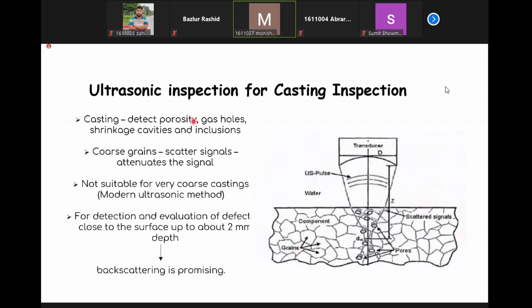We can use it for detecting porosity, gas or shrinkage cavities, and inclusions in castings. Another problem is that coarse-grained particles are not good for this inspection method. They scatter the signal too much and give errors in the result. Also, the thickness of the material must be considered.